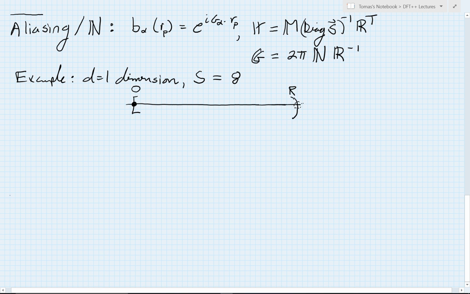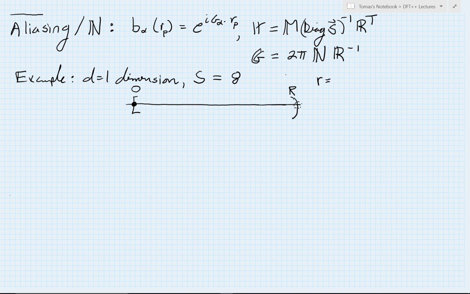Now, if I think about the sample points that I'm dealing with, that would be my formula here for r. On the sample points, then, r will equal a set of integers, m. Remember now that this M matrix now doesn't have 3 columns, but 1 column because I'm in 1 dimension, and the value of a generic point along the column will just be some integer between 0 and s minus 1.